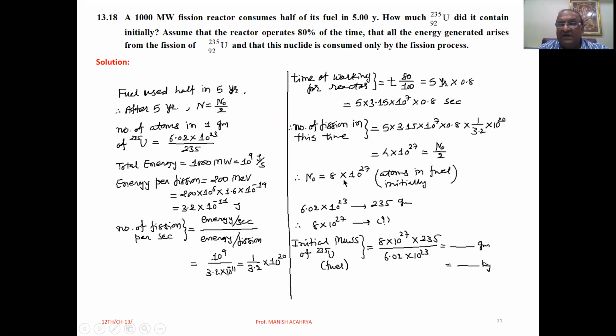So N0 is 8 into 10 raised to 27. This is nothing but the number of atoms in the fuel initially.